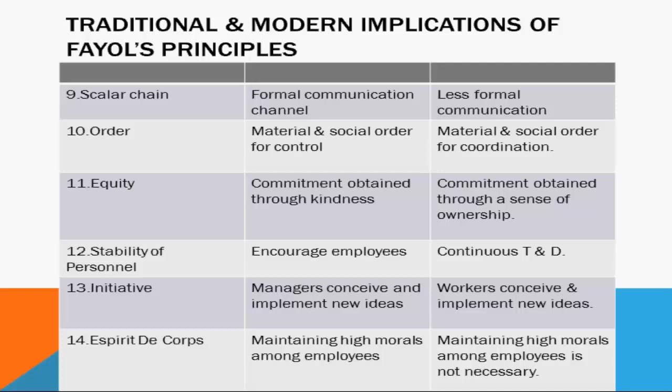So against this principle, the traditional implication is that maintaining high morale among employees is essential, whereas the modern implication is maintaining high morale among employees is not necessary. So students, these were the points of implications, traditional and modern implications of Fayol's principles.